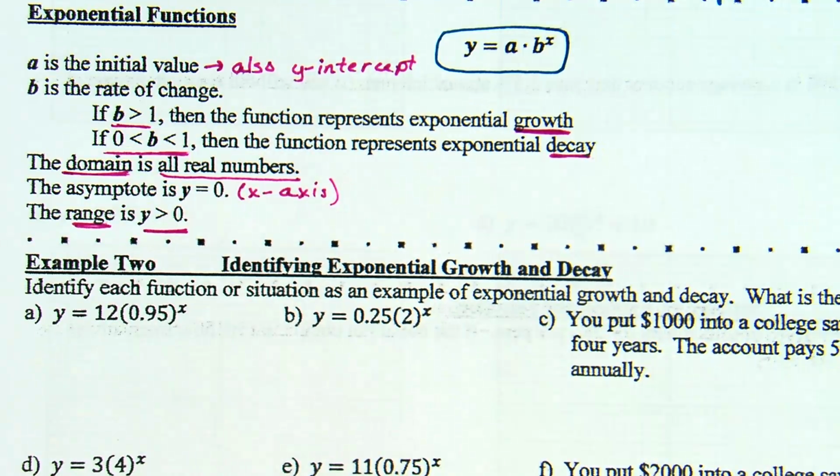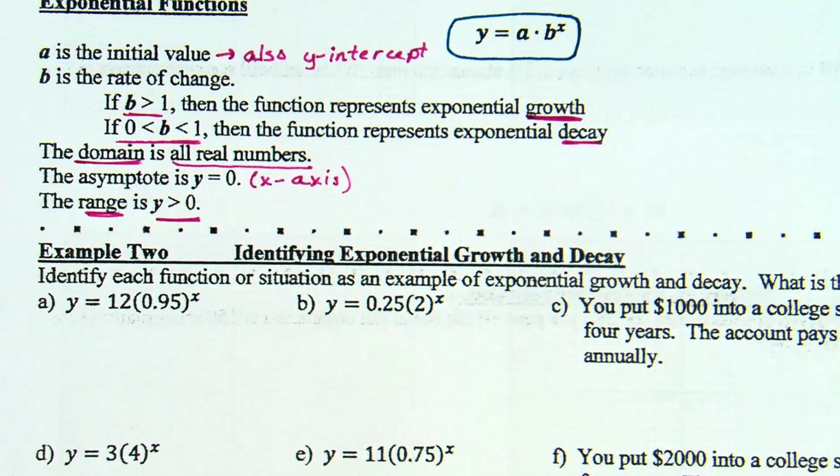Looking at example 2. You'll enjoy these. And if I say that, that means I'm saying they're easy, right? Identify each function or situation as an example of exponential growth or decay, and what is the y-intercept? So example A, y equals 12 times 95 hundredths to the x.